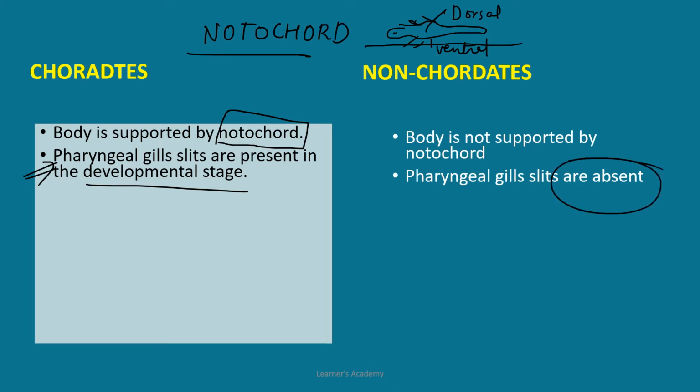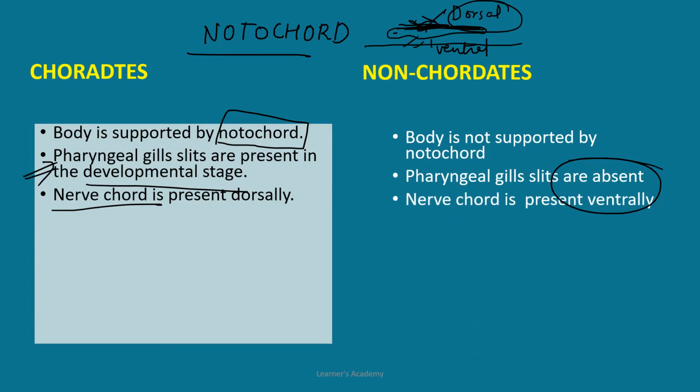All right. Now, as I told you, the nerve cord is present dorsally, that is on the upper side of the body, which is not towards the earth. Now, the nerve cord is present ventrally in case of a non-chordate. All right.